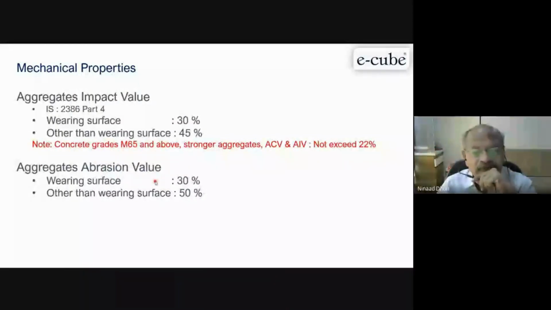You take a particular charge, put it in a ball mill type thing, and revolve it for 1,000 revolutions or 500, depending upon the grading, and see how much material passes the 1.7 mm sieve. That is the aggregate abrasion value. It gives a fair idea about how aggregates stand up to those wearing forces.